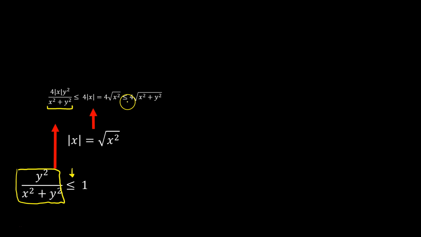Then we come to our last substitution. Not really a substitution, actually, we're just squeezing another number inside of our square root. So if we started with 4 times the square root of x squared, but we add a y squared inside of the square root, then of course our number is going to get bigger because we're adding a positive number.